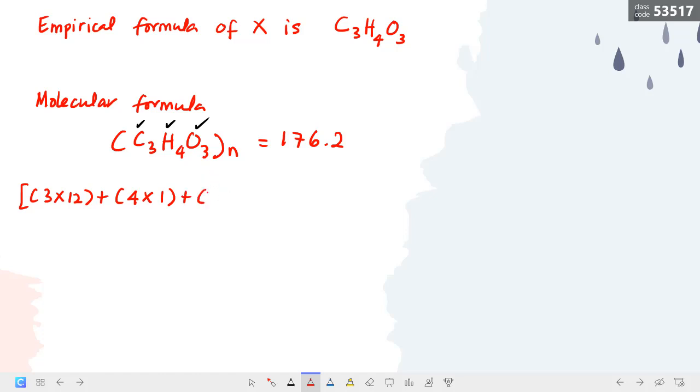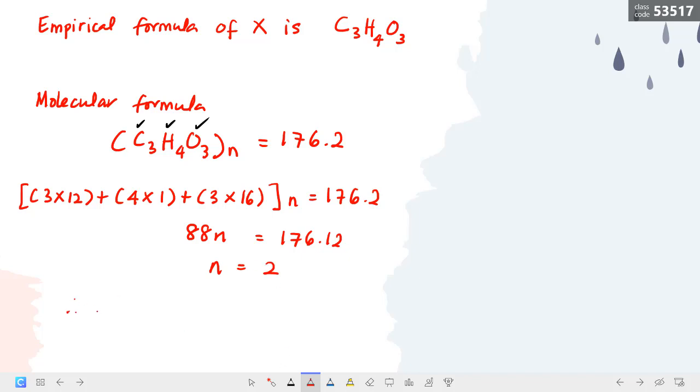Plus 3 times 16. Okay, n equals to 176.2. Okay. So, kalau you selesaikan sebelah sini, supposedly you akan dapat lebih kurang 88 n, which is equals to 176.12. Okay. And so, for n, you will get n is 2.